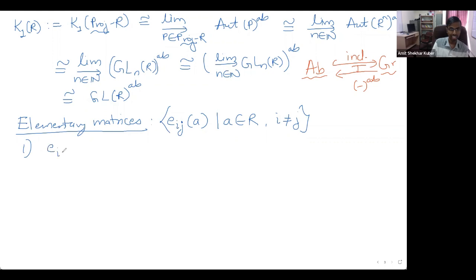So for e_ij, when I'm writing them, I'm assuming that they have the same size. So this is e_ij(a + b). All of you know these properties and also how to prove them.